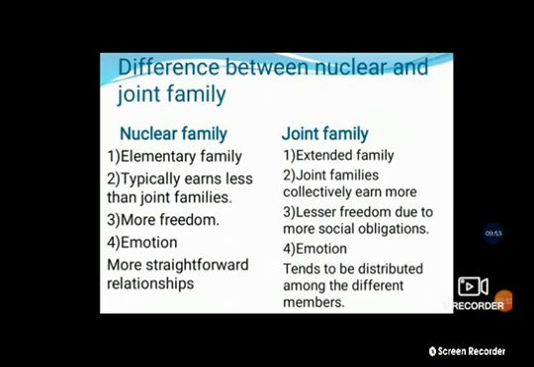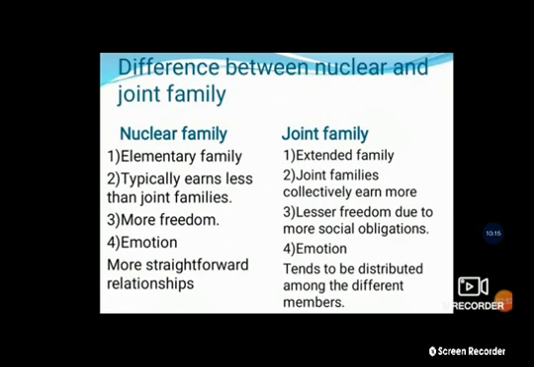That's why privacy is lost among family members. In emotion, a nuclear family has emotion, and a joint family also has emotion, but a more straightforward relationship is there in a nuclear family.